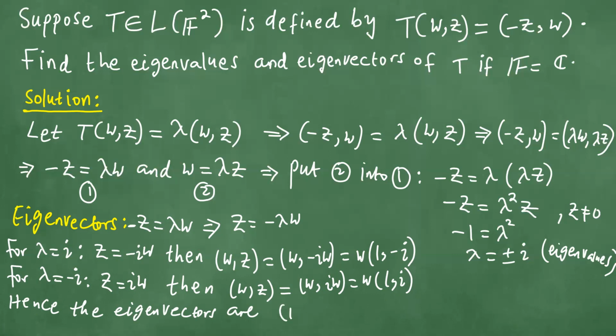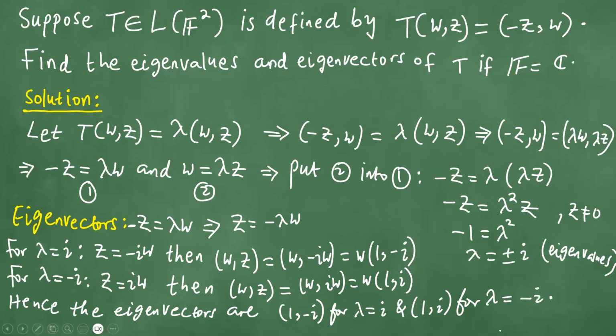They are (1, −i) for λ equals i, and the other one, (1, i), for λ equals −i.